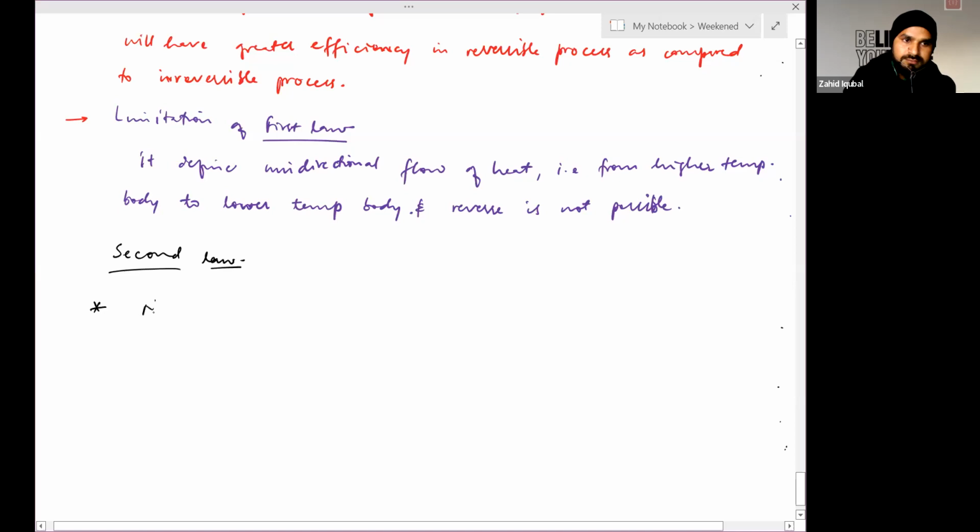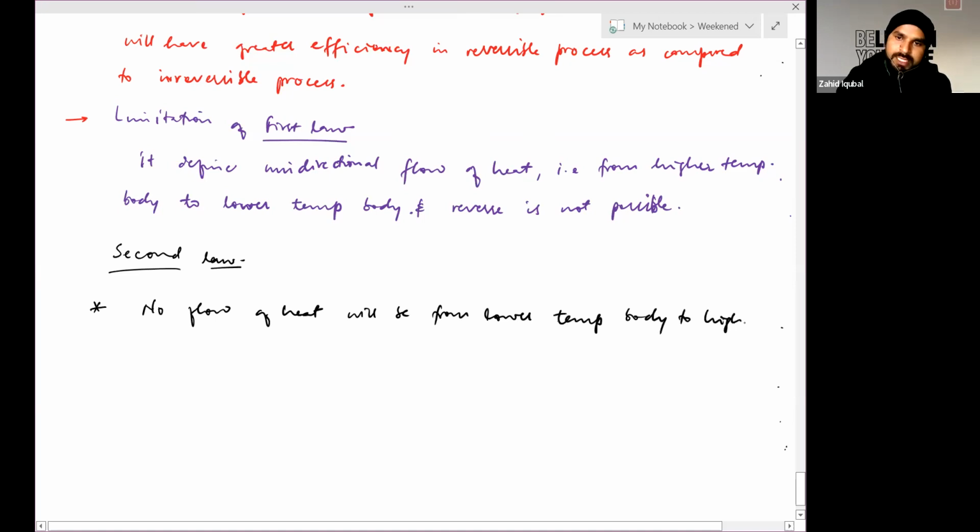So we can say no flow of heat will be from a lower temperature body to a higher one until external work is done.